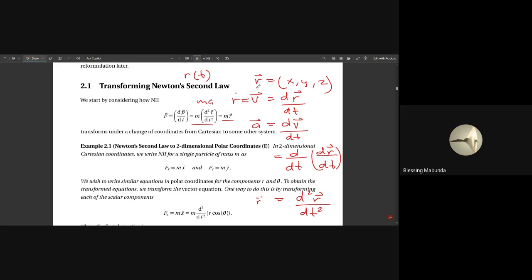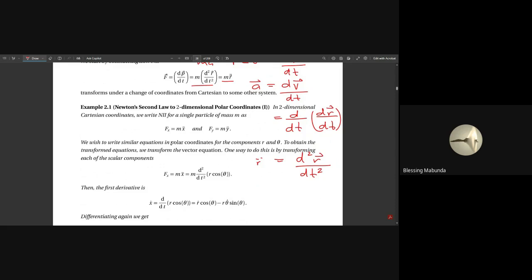Right, so you will define the r here in terms of t, as a function of time. As an example here, we're applying Newton's second law to two-dimensional polar coordinates. You were introduced to polar coordinates in first year math, right, in algebra.